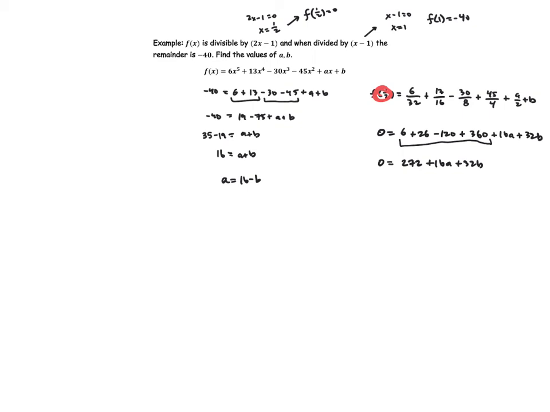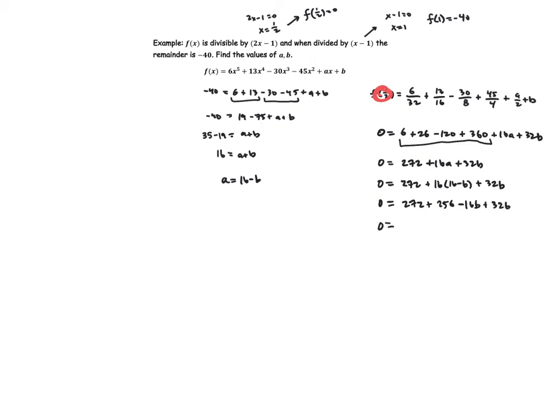I'm going to plug that value in here. So this will be 272 plus 16 times 16 minus b plus 32b. Expanding, that's 272 plus 256 minus 16b plus 32b.